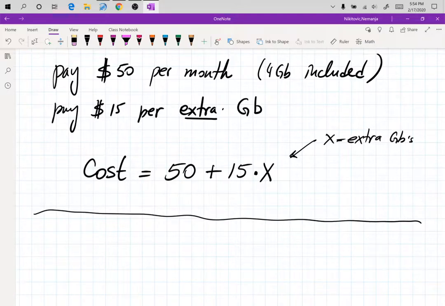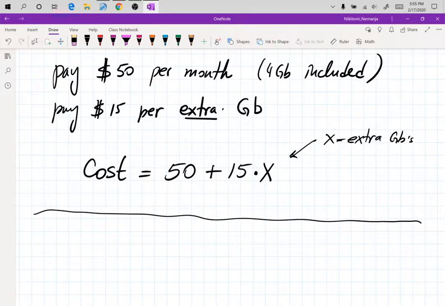Now the question is, can we make this more interesting? This is where we look at an example where you are trying to pick between two, let's say, cell phone plans. They are shoveling text messages on this one.